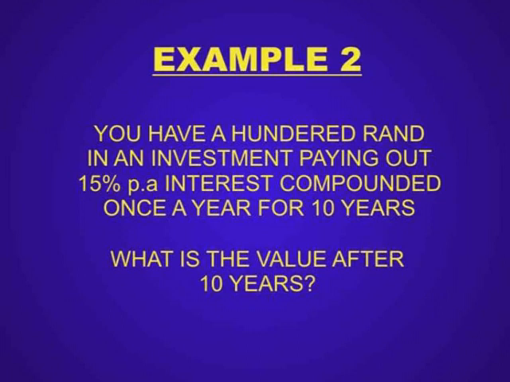Example 2. Let us use the same example as example 1, except let's convert it to compound interest compounded once a year. So we have 100 Rand in an investment paying out 15% per annum, compounded once a year for 10 years.